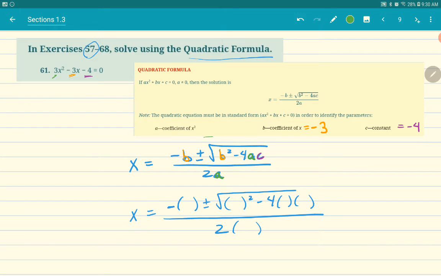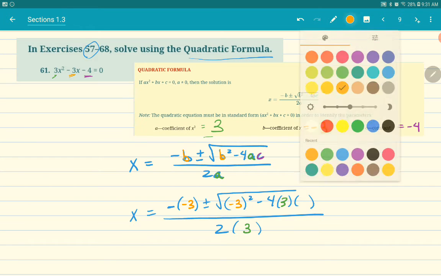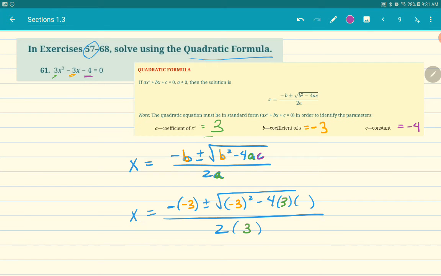The a is green, equals 3. There we go. So my a's are 3, 3, and my b is -3. So I plug in my -3 here and here, and my c is -4. So I'm just plugging in, copying the equation from above, but plugging in the numbers. And that will give me the two solutions that make this equation true.